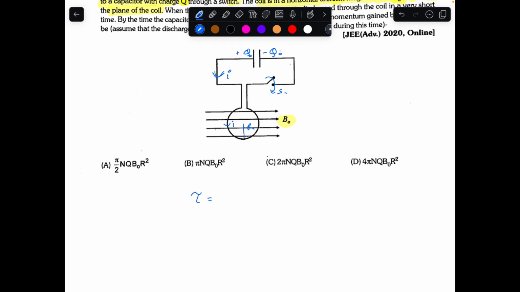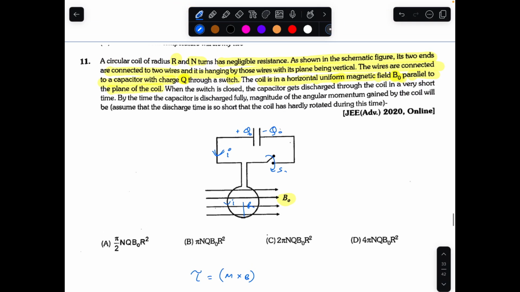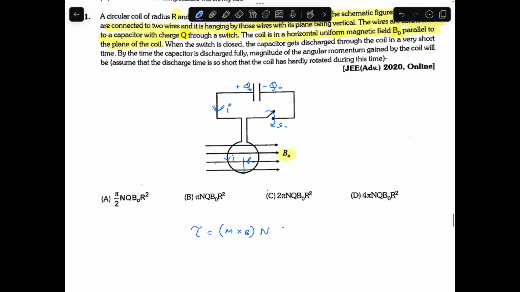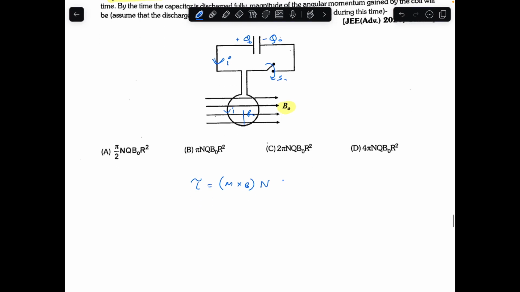So I can write torque equals M cross B. The total number of turns is capital N, not one turn. N number of turns is there. So what is the magnetic moment? You know, I current flows through that, into pi r squared. Magnetic field is B naught, into N. Torque is what?